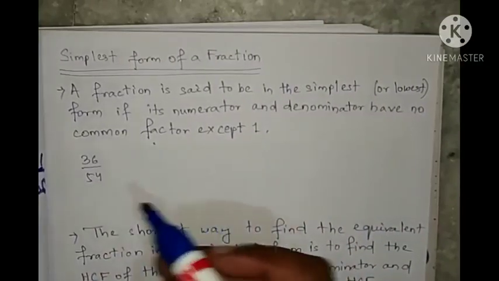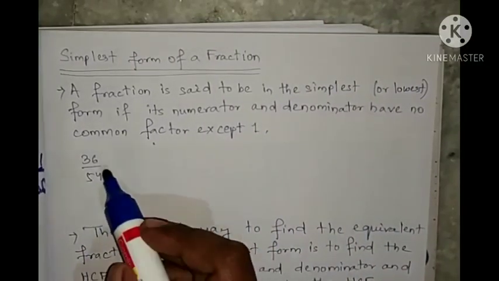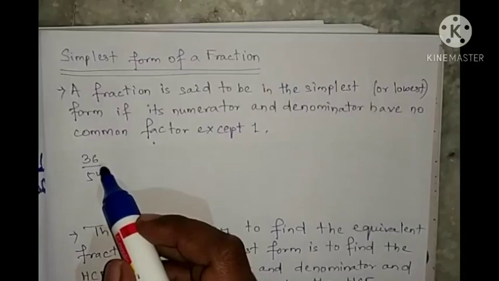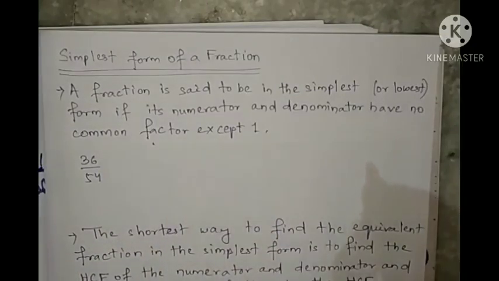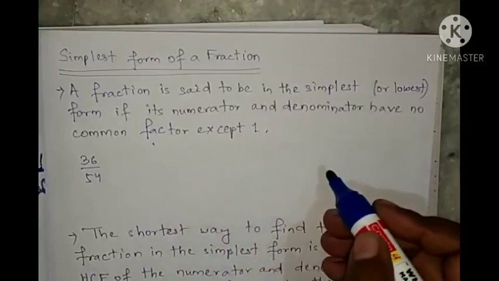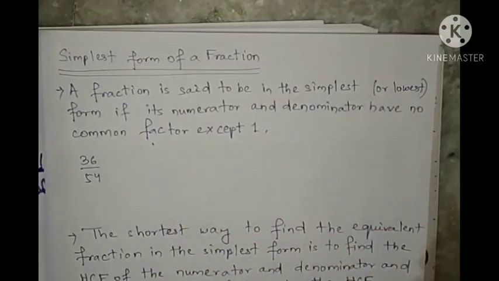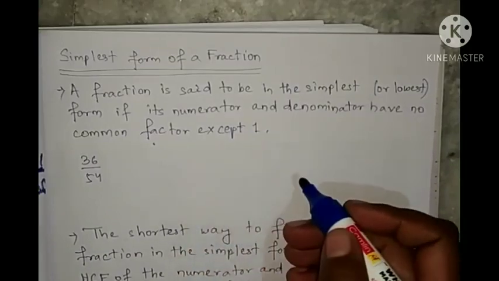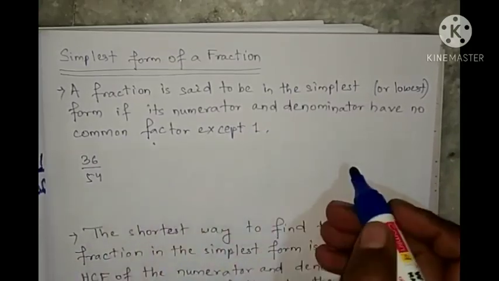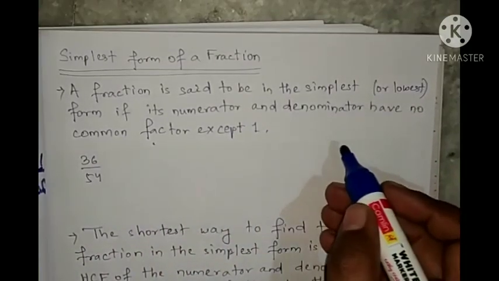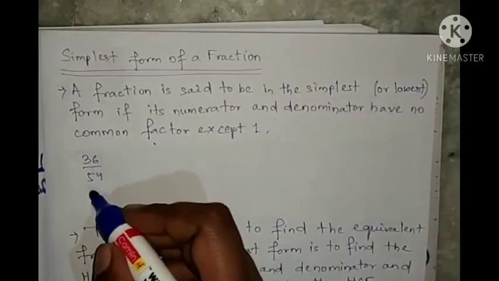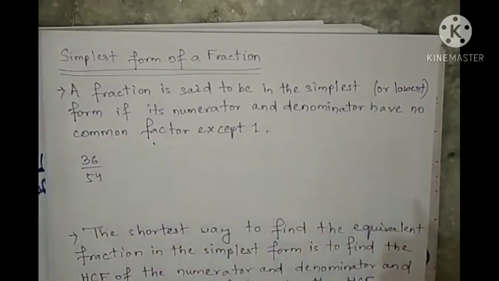Here it is written 36 by 54. So how can you find out? You will first find the HCF of the numerator and denominator.